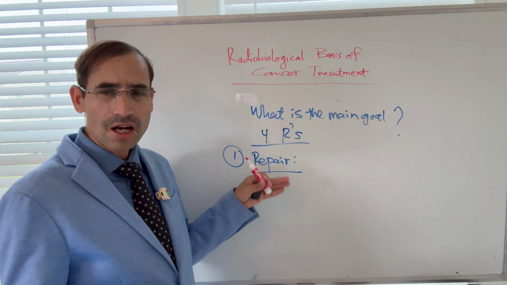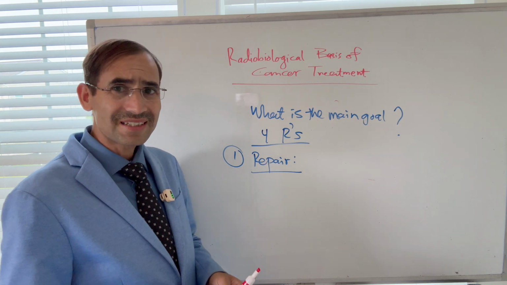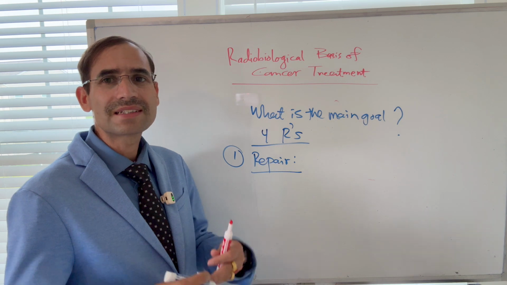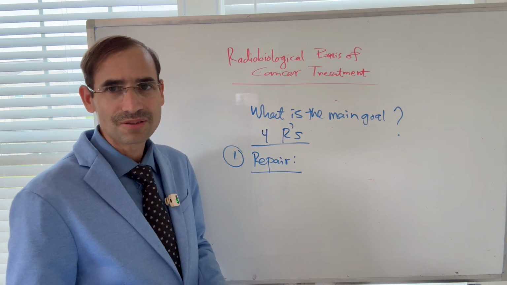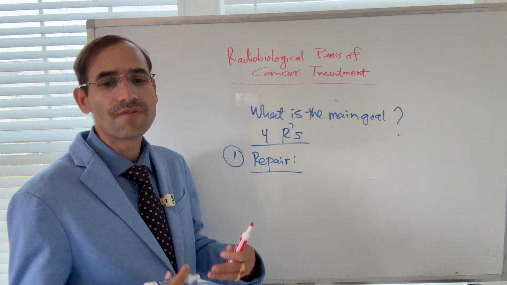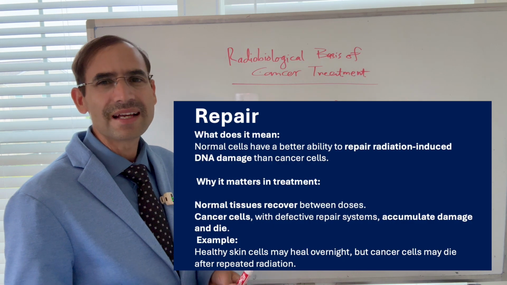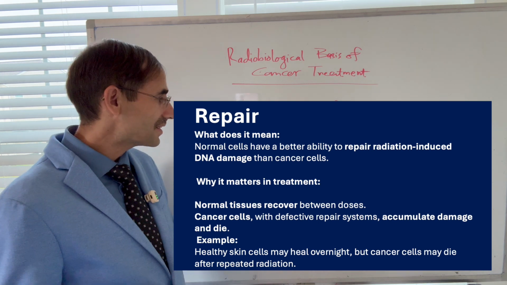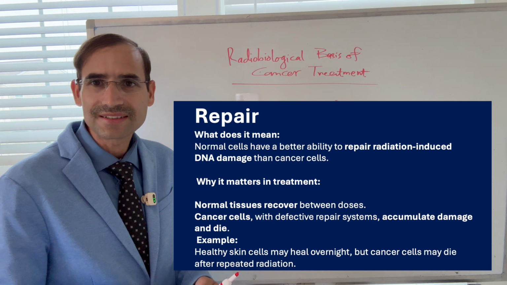It affects the normal as well as the cancer cell DNA, but the normal cell has a tendency to repair and come back to its original form. The cancer cell has less ability to repair. That is the reason we use fractionation in radiation.